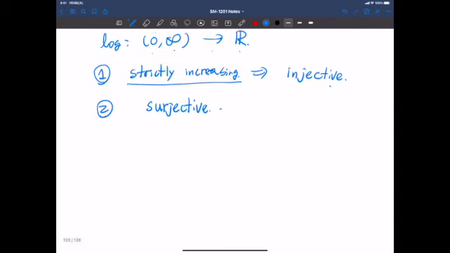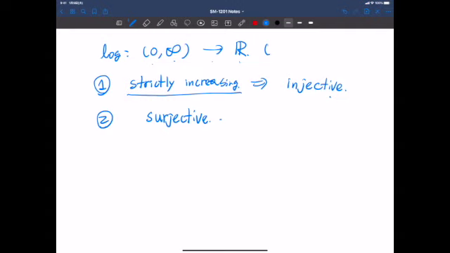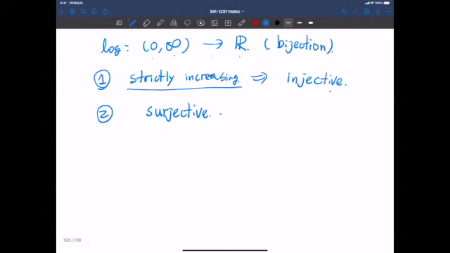Okay, so this is a bijection. So log of x being a bijective function, there exists its inverse function. So if log of x is a bijection, then we can find its inverse function.